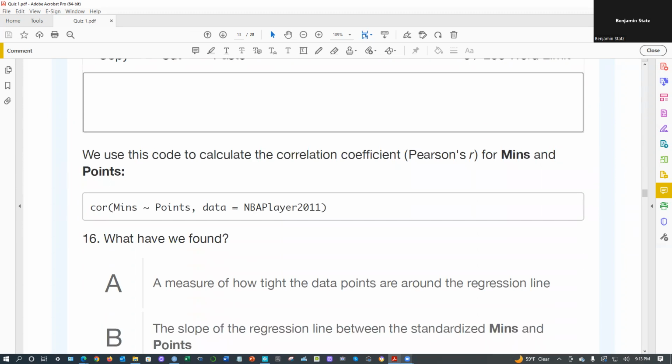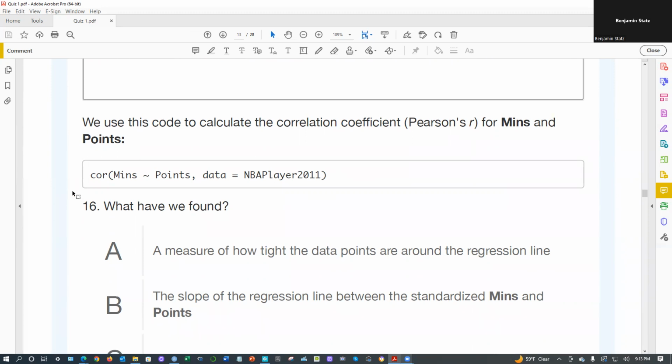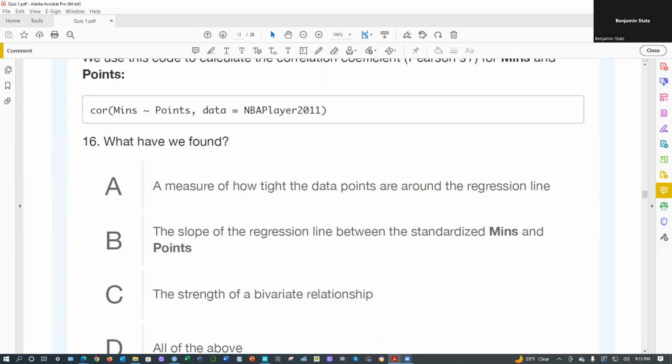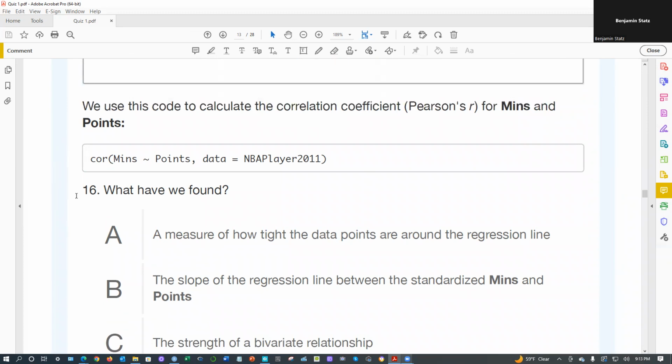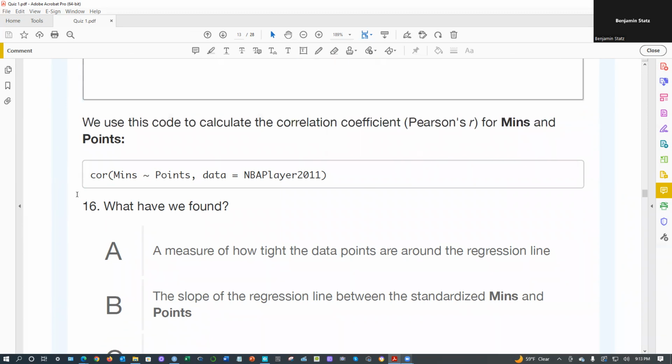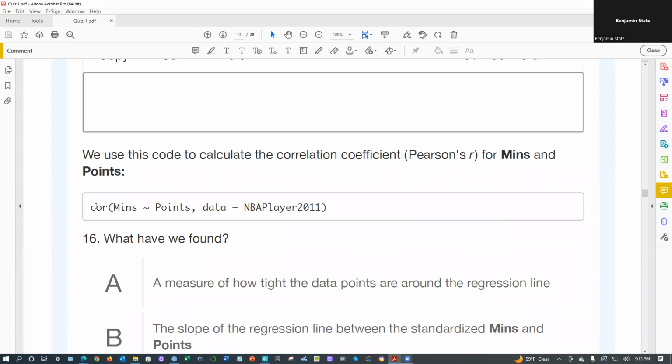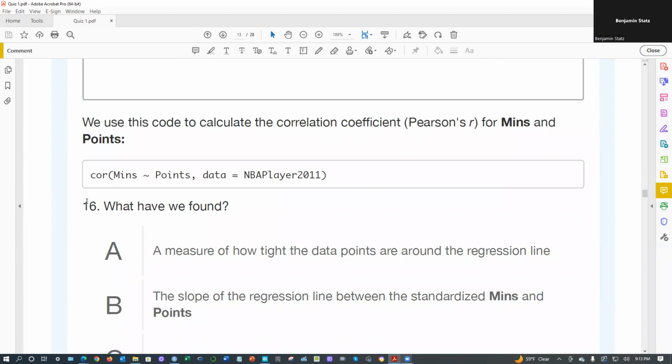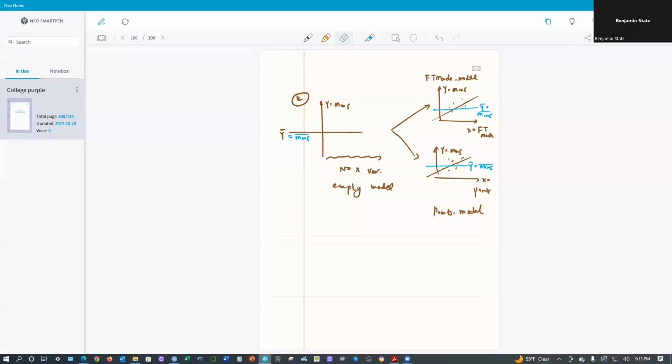We use this code to calculate the correlation coefficient, Pearson's r, for minutes and points. What we have found is a measure of how tightly the data points are spread out around the regression line.